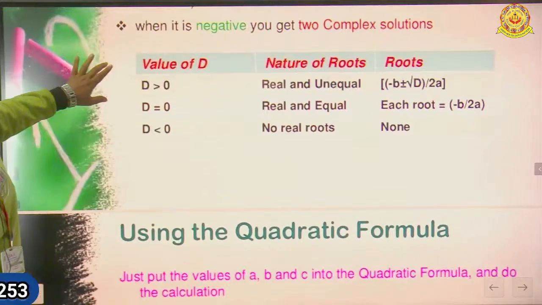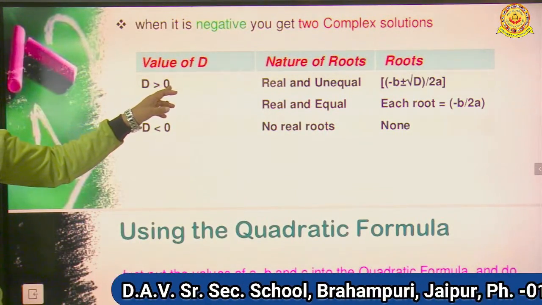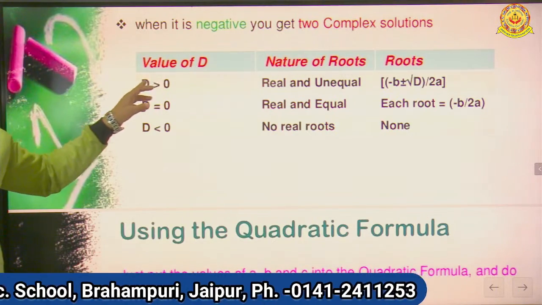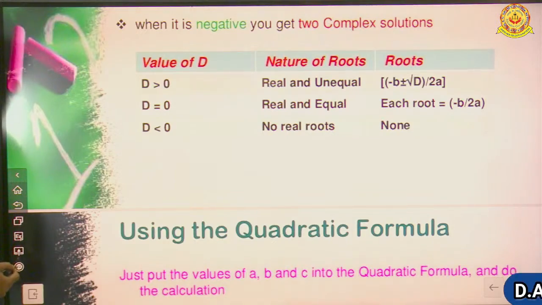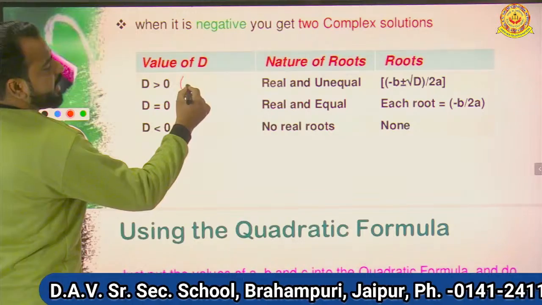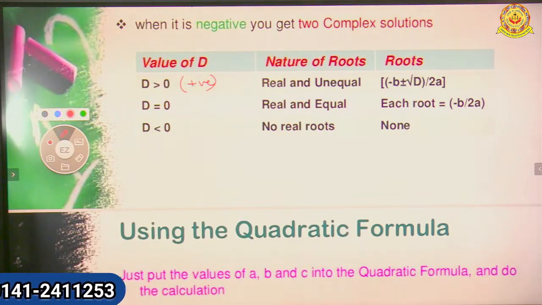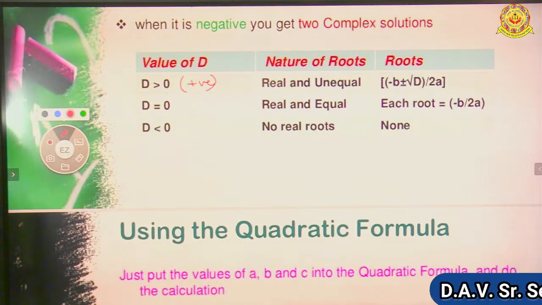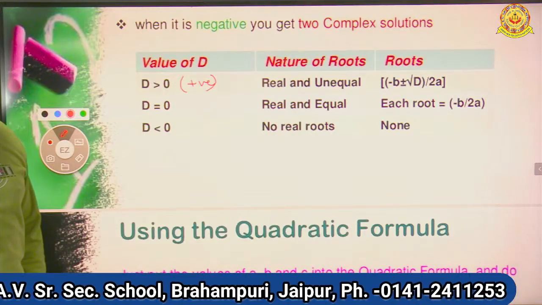Look at this short table. When D is greater than 0, what does it mean? That means for the positive discriminant b square minus 4ac, the b square value is greater than 4ac, so in the subtraction we get a positive value.